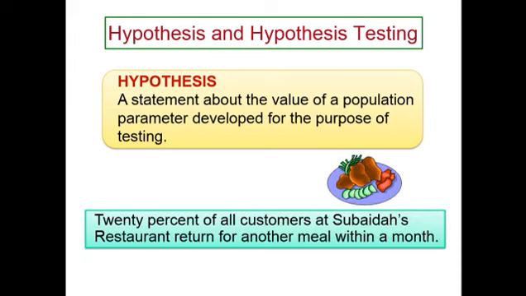Another example of a hypothesis is 20% of all customers at Subaidah restaurant USM return for another meal within a month. So this 20% refers to the population proportion.